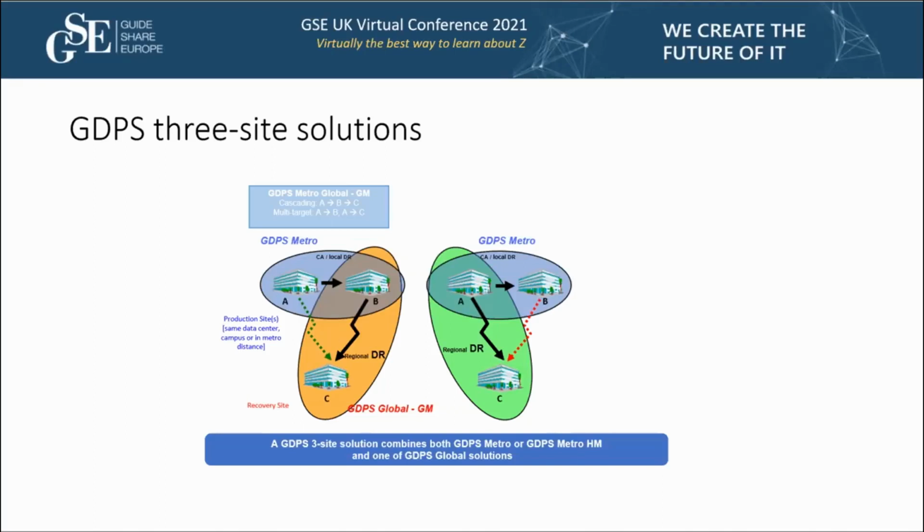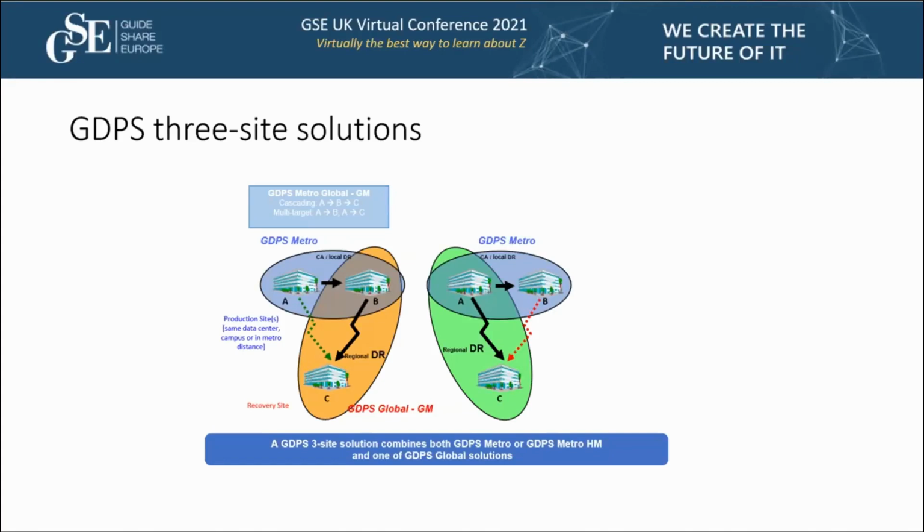On the other hand, we have GDPS Global GM, which offers potentially unlimited distance between the two sites, but only offers out-of-region disaster recovery, and does not provide continuous availability. So in order to benefit from both local CA and remote DR, GDPS Metro and GDPS Global GM can be combined. This solution is called GDPS Metro Global GM.